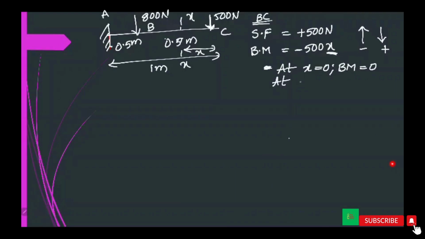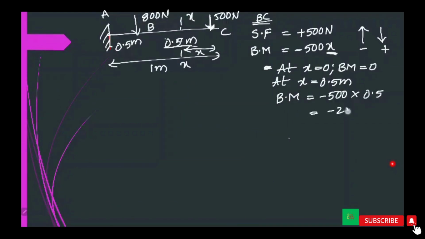At X maximum, that means 0.5 meter. What is the bending moment for 0.5 meters of X? Minus 500 into 0.5, that equals minus 250 Newton meter.